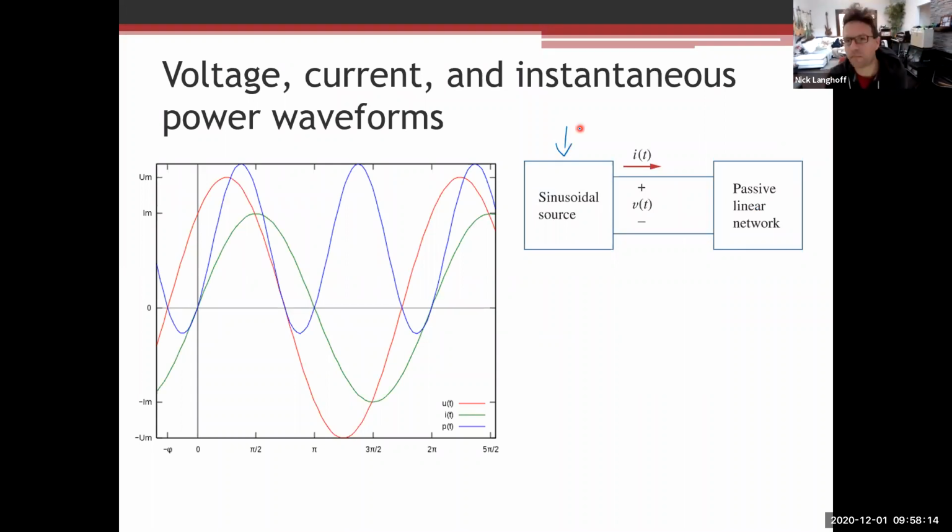Not all sources are sinusoidal, but in terms of power generation, that's typically how power is transmitted, as a sinusoidal function, or at least as close to a sinusoidal function as one can get. If you actually measure the power coming out of your wall, don't plug an oscilloscope directly into your wall, you'll blow it up. You'll blow up the input stage and possibly cause some other damage.